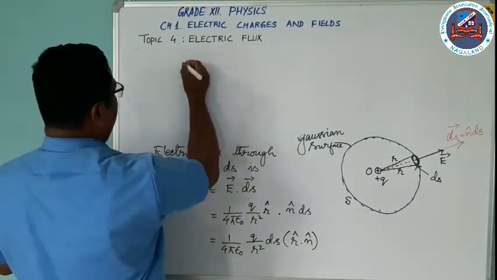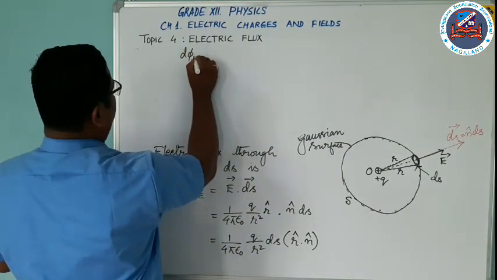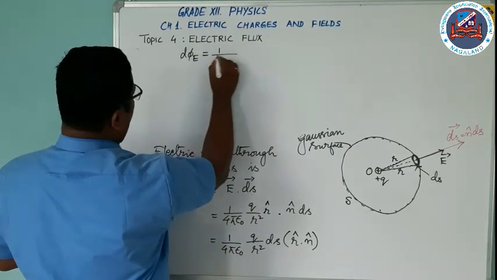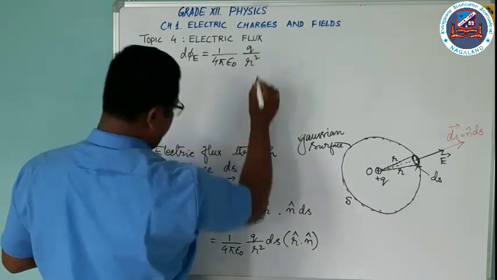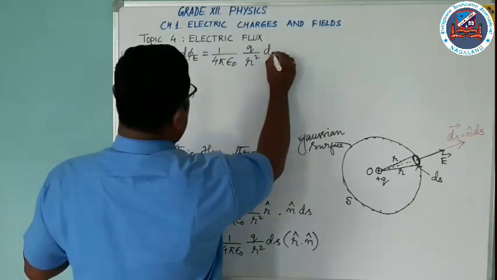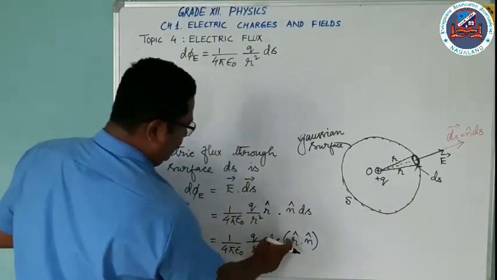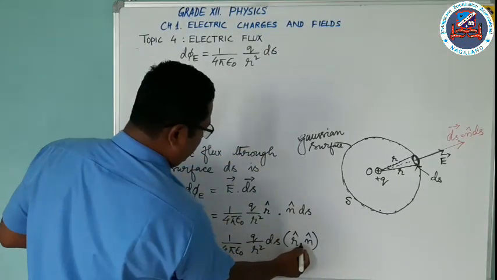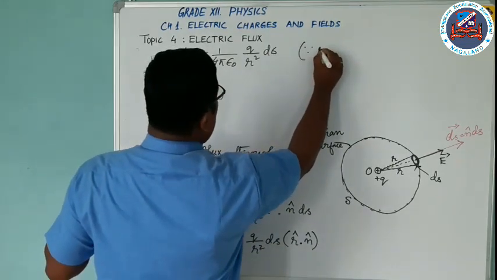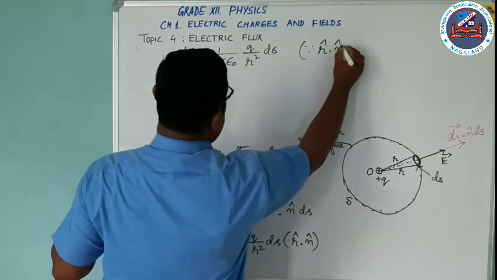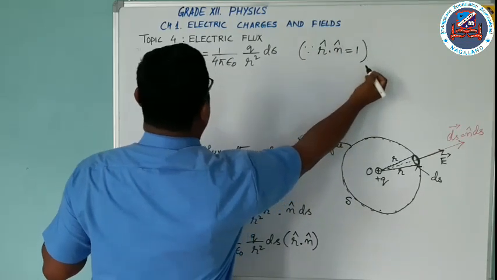This can be written as d phi e equal to 1 by 4 pi epsilon naught Q divided by r square ds, and both are unit vectors. The dot product of two unit vectors is always 1, since r cap dot n cap is equal to 1.